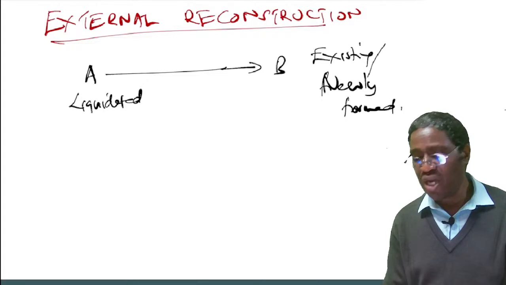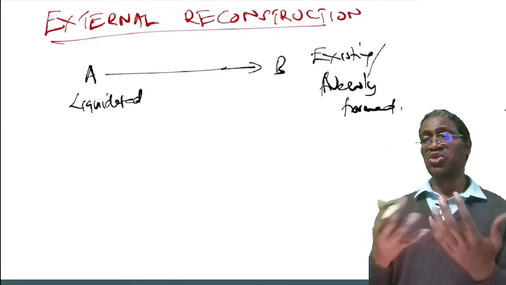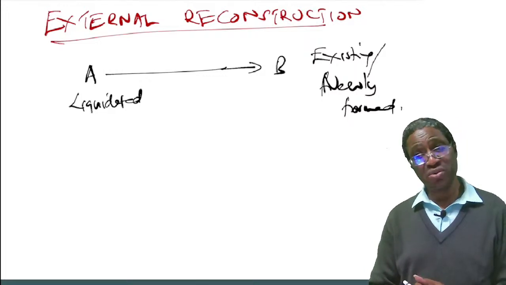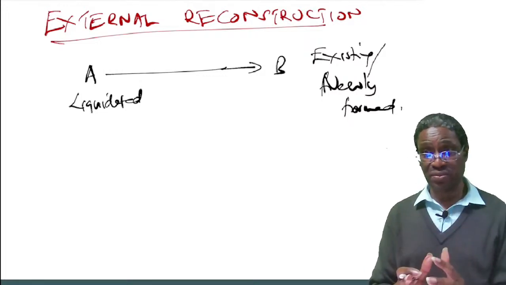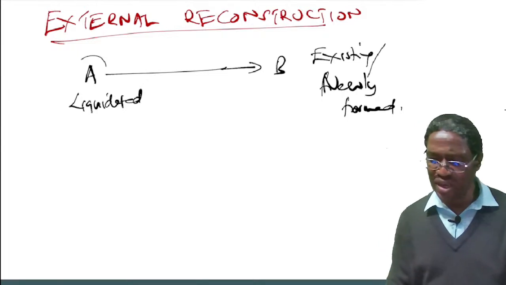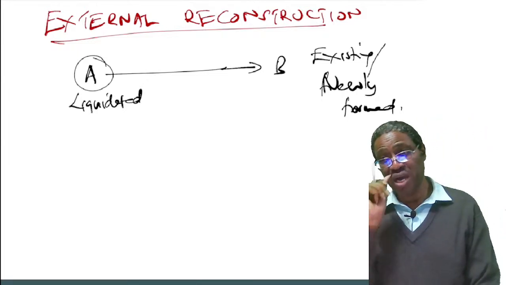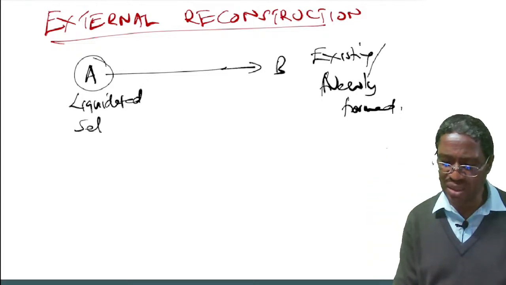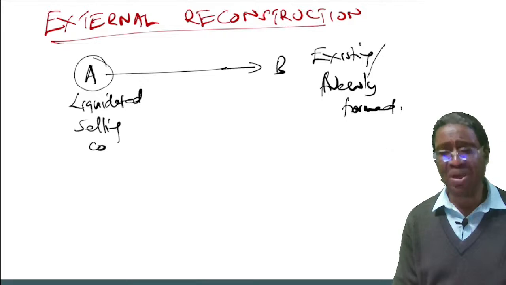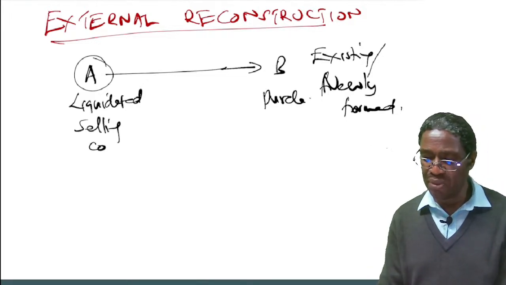So you can form a new company to take over another business. Company A has to liquidate themselves so that they sell their business to another company. We normally refer to company A as the selling company, and company B as the purchasing company.